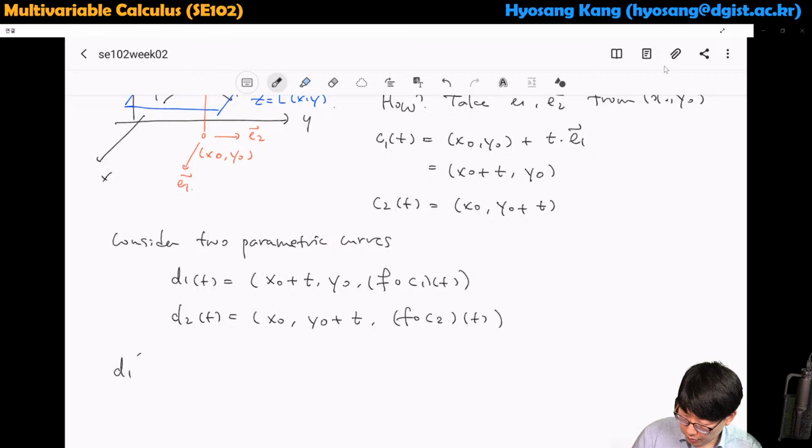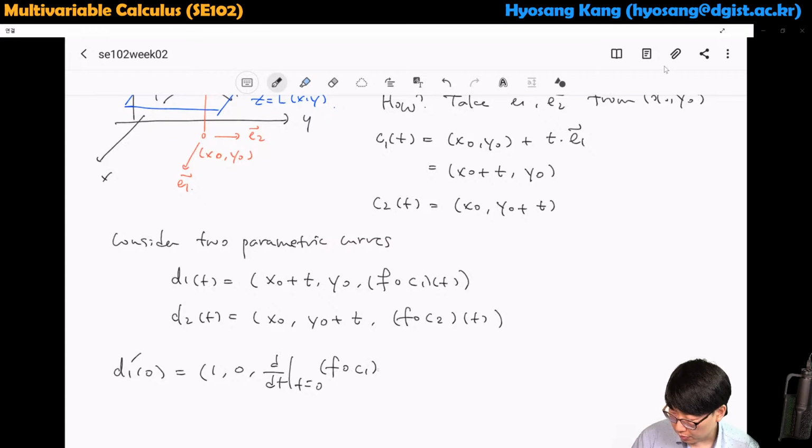So D1'(0) is, when you take a derivative of a parametric curve, you take the derivative of each coordinate function. The first one becomes simply 1, and the second one is just constant, so its derivative in t is 0. How about the third one? It's d/dt at t equals 0 of f composite C1 of t.